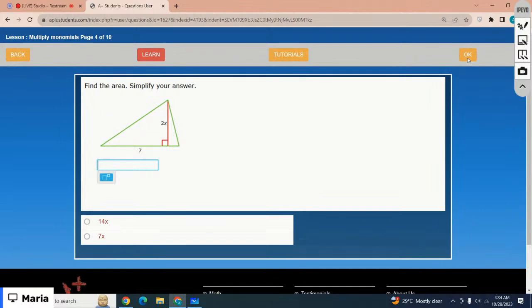Okay, find the area, which is the correct option. Yes, the correct option is half times base times height. So it would be 7x. The correct option is 7x.